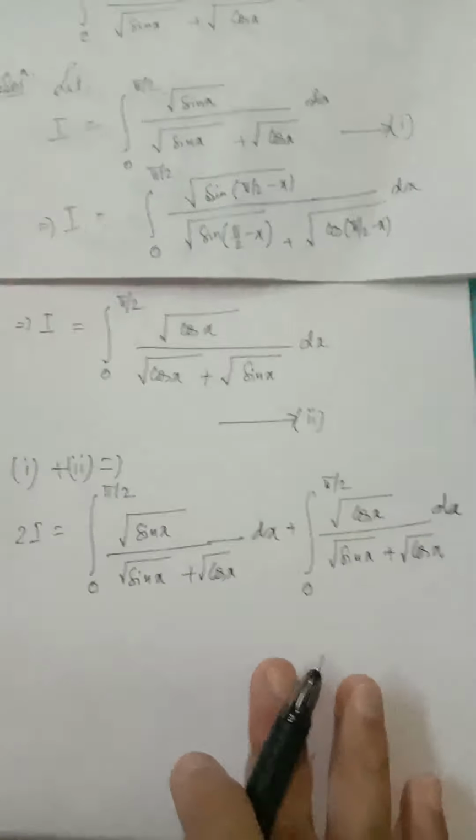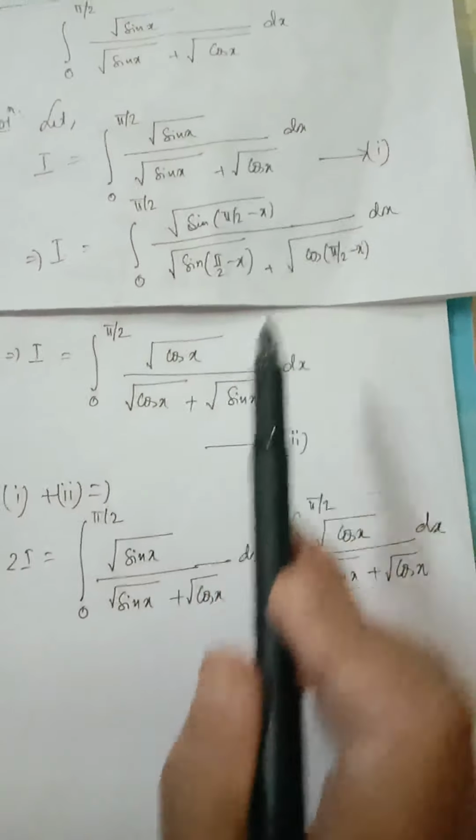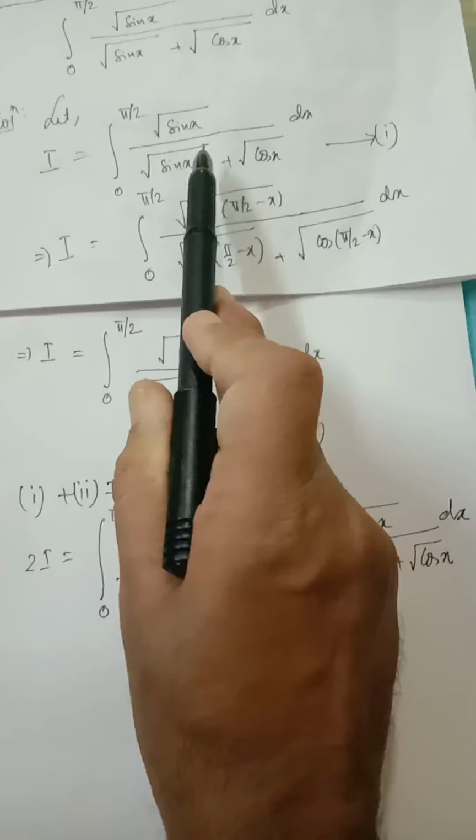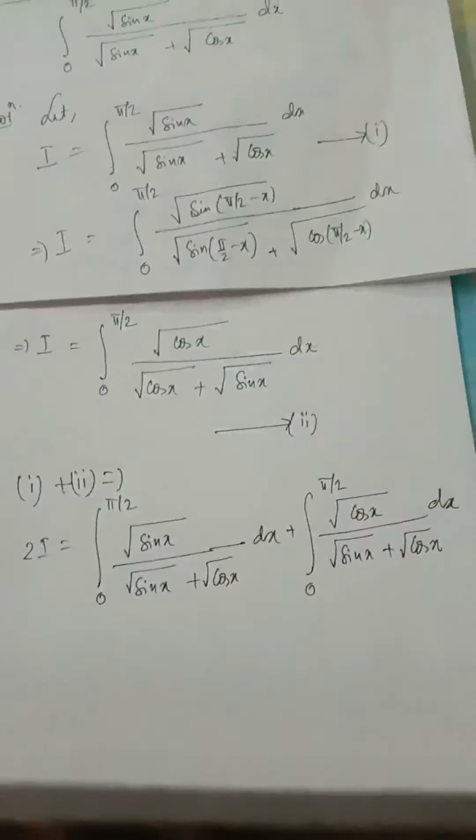So we have added 1 and 2. I plus I is twice I, and the right hand side will be this plus this.